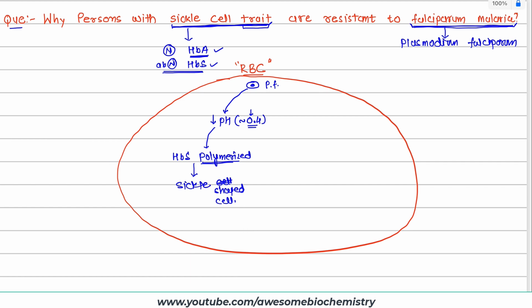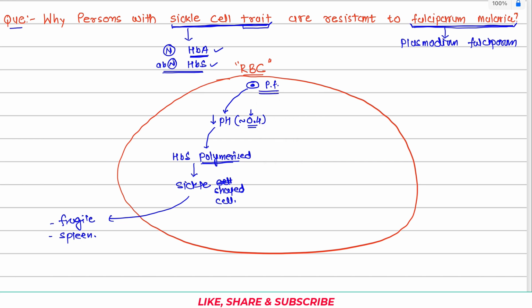And because of this mechanical deformity in the red blood cell, RBCs become fragile. Such fragile RBCs are easily identified by the spleen, and so these RBCs are prematurely broken down. And as these RBCs got prematurely broken down, this Plasmodium falciparum parasite cannot complete its life cycle.